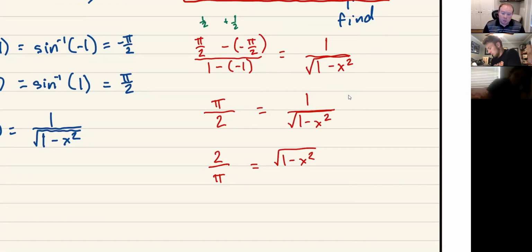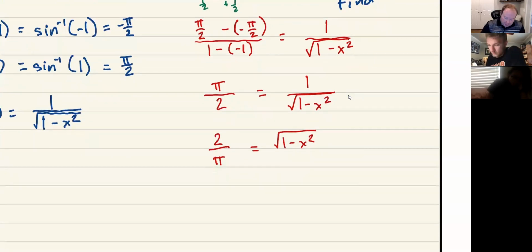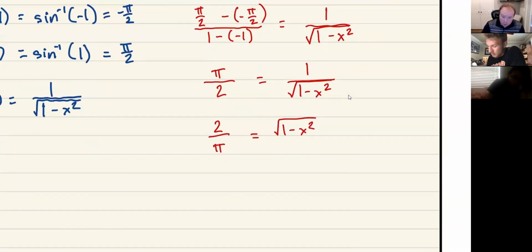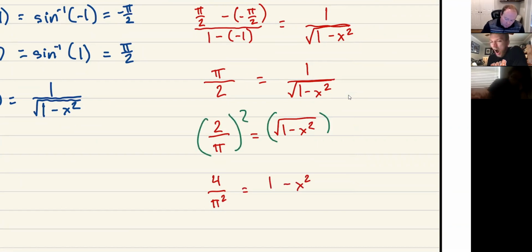Anything divided by 1 is whatever the numerator is, so we have that. We will now square both sides, remembering to square both the numerator and the denominator, so you get 4 over pi squared. That will be equal to 1 minus x squared. Again, all I did here was square both sides to get rid of the square root.